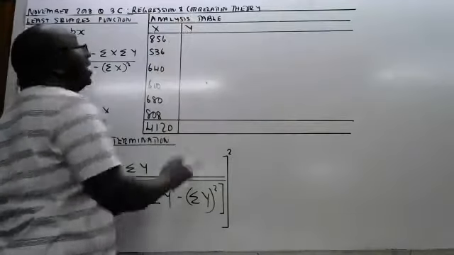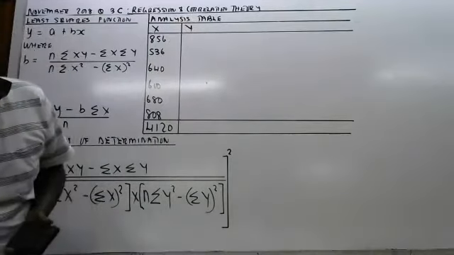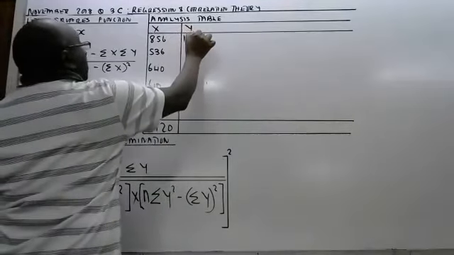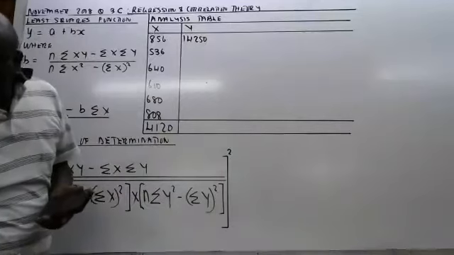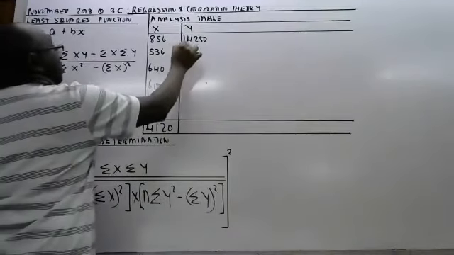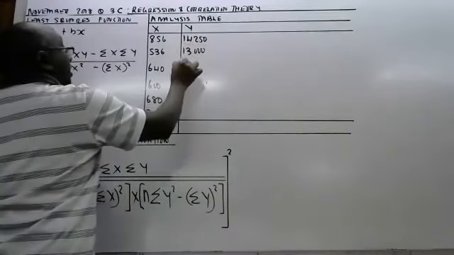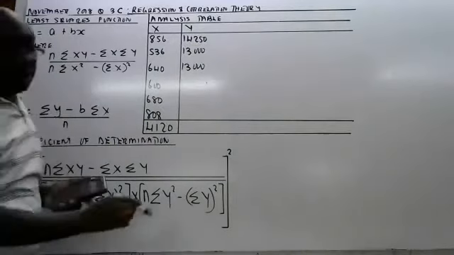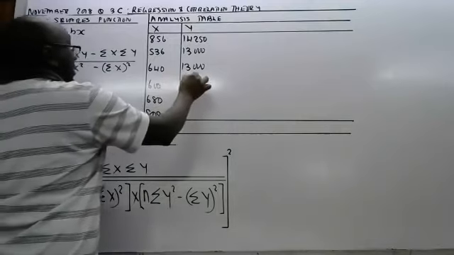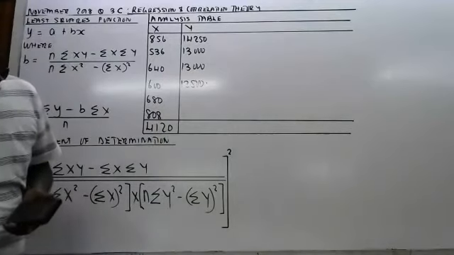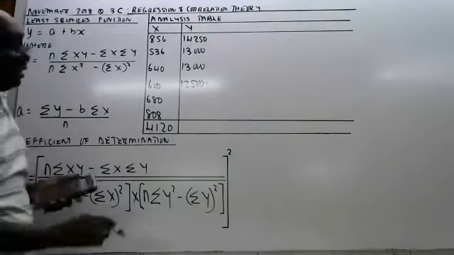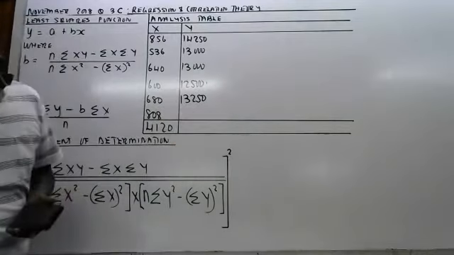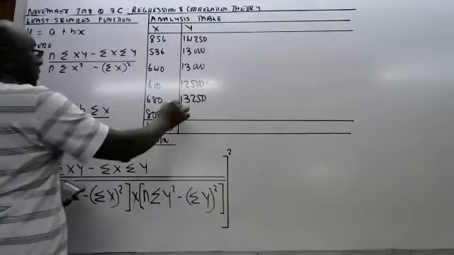Then you bring the values of y: 14,250, 13,000, another 13,000, 12,500, then 13,250, then we have 13,750.